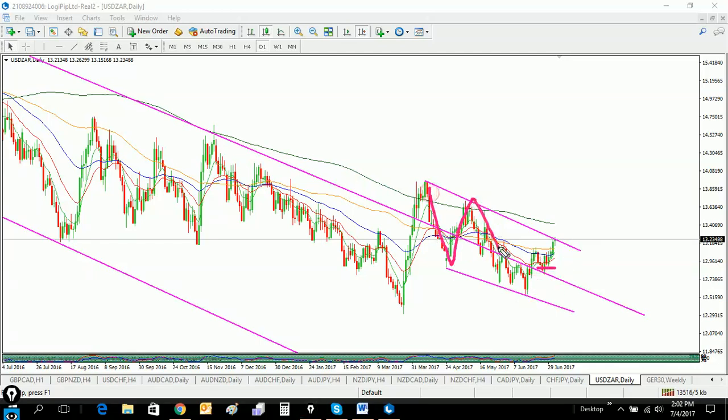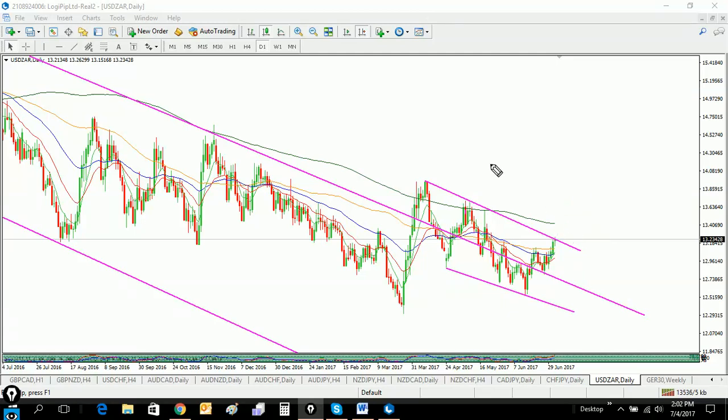This 1, 2, 3 wave structure over there that formed, and then a breakout of this initial weekly structure. On that retest of that breakout, I did enter a position. So with this break, if another flag forms and it breaks again, I will be looking to enter or add to my position over here should that occur.